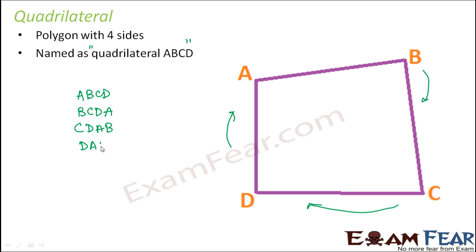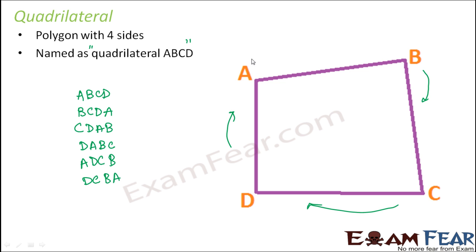We can also call it DABC. All of these are correct. It is not necessary that you always write it in this order. You can also write it in the reverse order. For example, you can call this ADCB quadrilateral. You can call it DCBA quadrilateral.